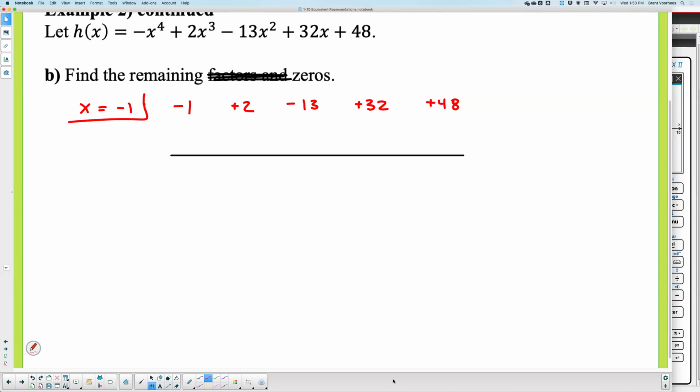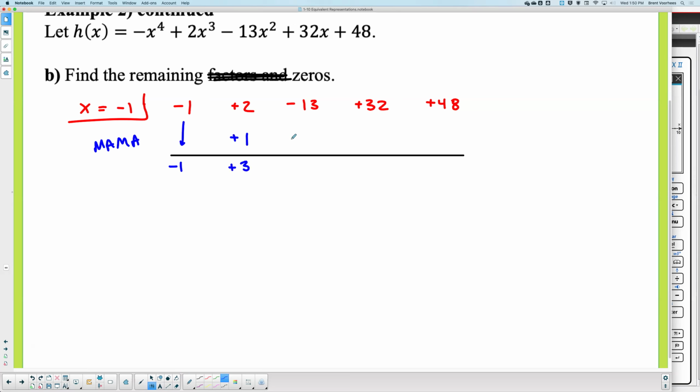All right, so do y'all remember, how do we get started after you write out all the coefficients like this? You drop down the -1 and we follow our mama, meaning we're going to multiply, then add, then multiply, then add. What's -1 times -1? +1. So now we add and we get a 3.